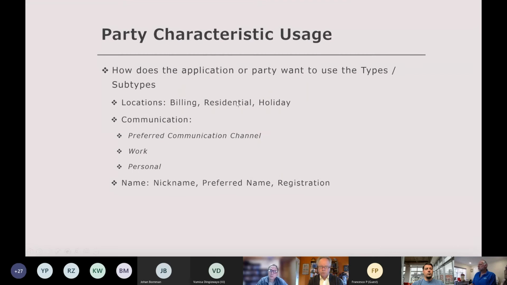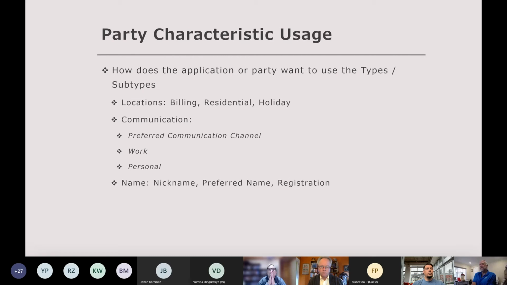Okay, so this was sort of part of that previous discussion. When an application wants to know about the use of a billing address, it needs to be able to understand across the locations, if you've got 5 locations, which one is the one that I send the bill to. That can vary depending on the application, especially in a banking environment where we have multiple product systems.